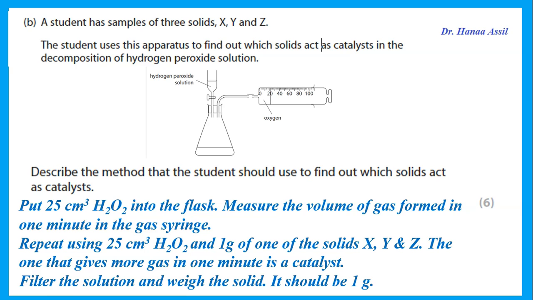Then we repeat using 25 centimeter cubed again of the H2O2 and 1 gram of X, for example, and determine how much gas in 1 minute. Repeat that with Y, repeat that with Z. And then we can filter the solution and weigh the solid. If it's a catalyst, you added 1 gram at the beginning, you should end up with 1 gram at the end.